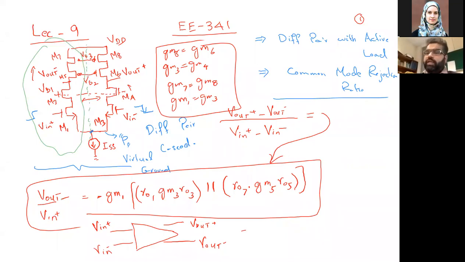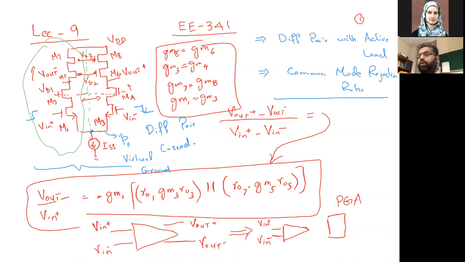But what about this scenario? If, for example, we are using this instrumentation amplifier or a differential pair as an input, where the input is again differential, but we want to connect it to some other block or stage or amplifier, such as a programmable gain amplifier, which accepts a single-ended input.